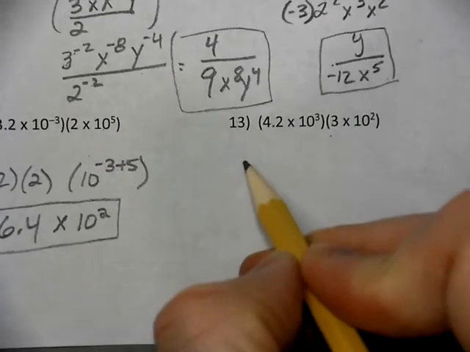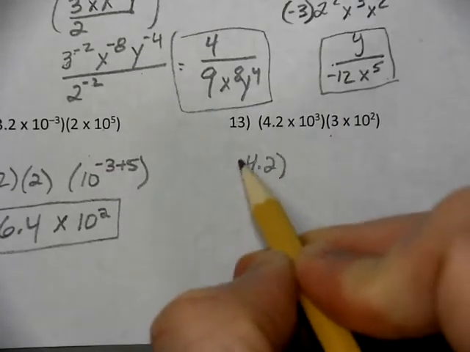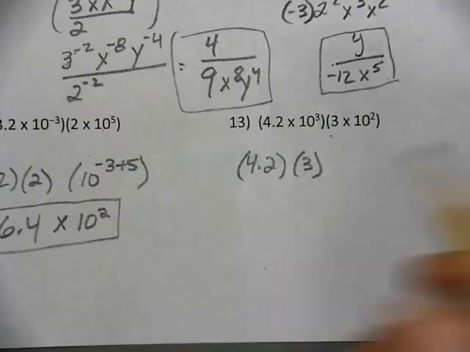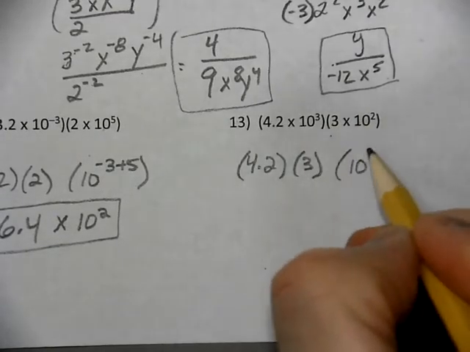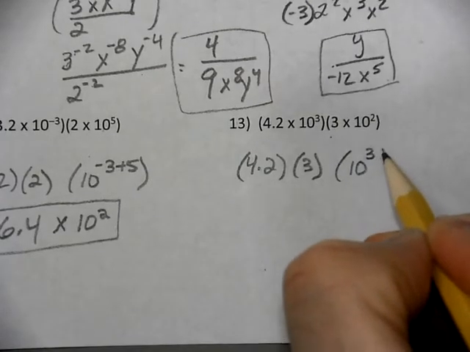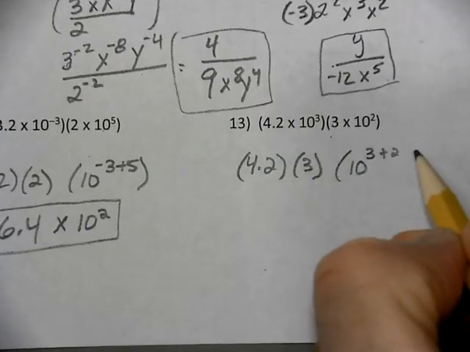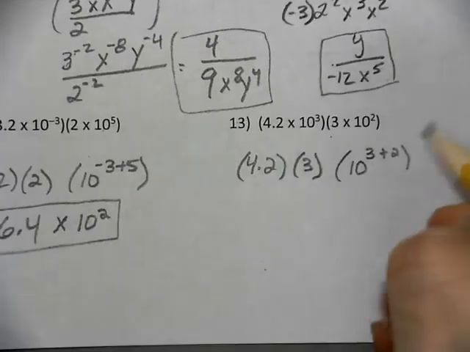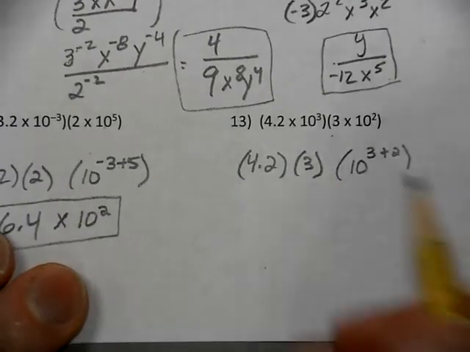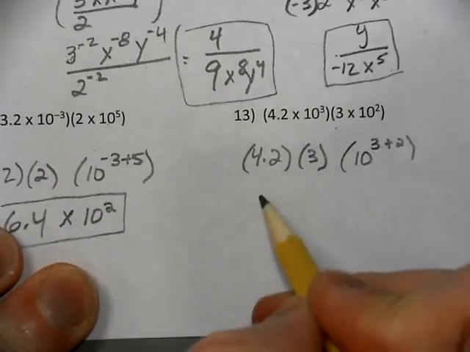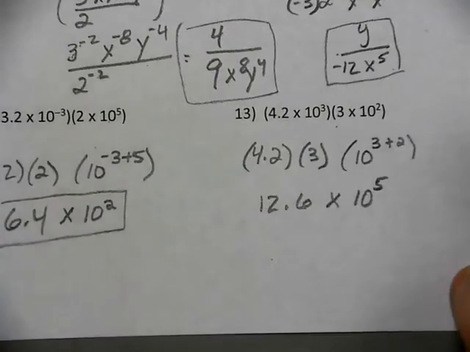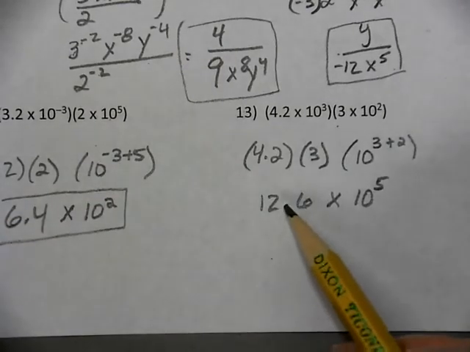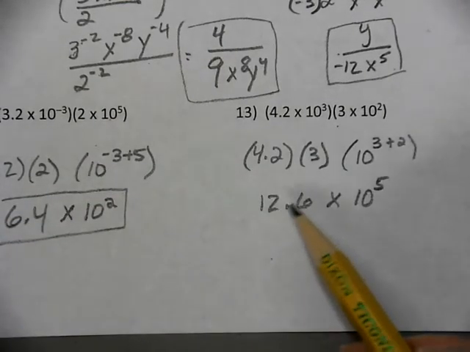On this side, we're going to take the 4.2, times that by 3, take the 10 and multiply the 10, so we add exponents. That's going to give us 12.6 times 10 to the 5th. Now notice that the 12 is greater than 10.